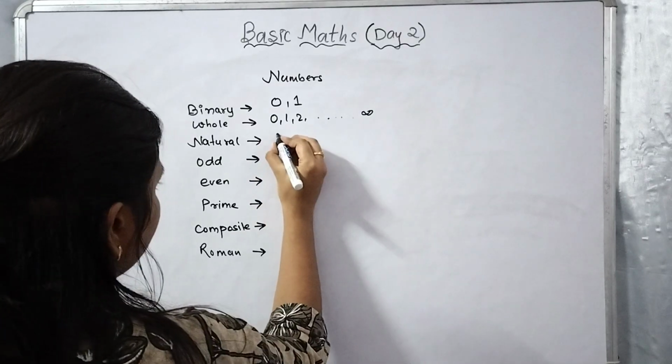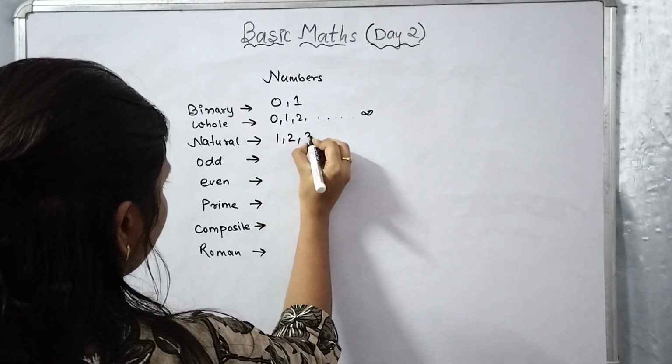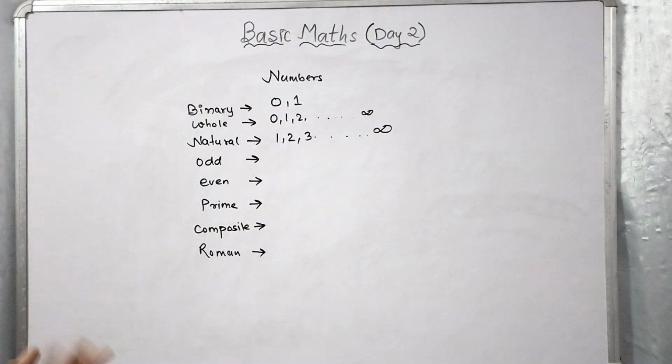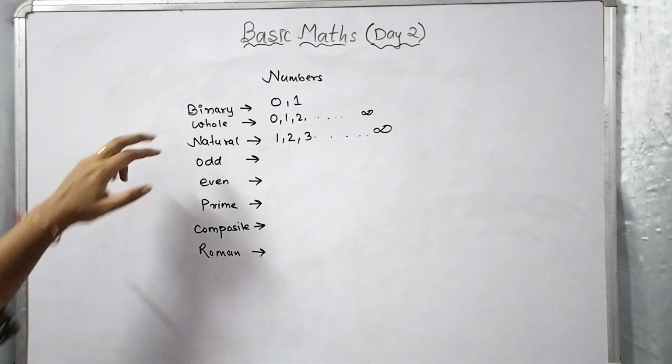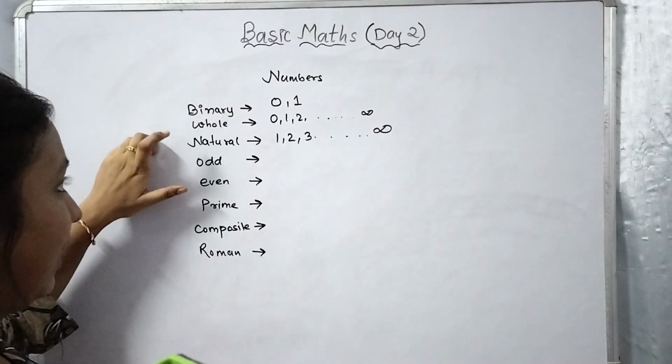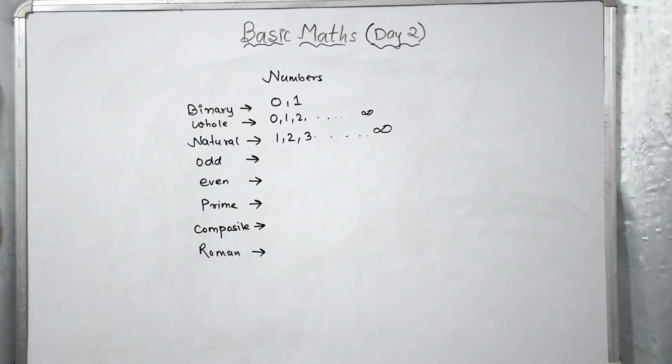Natural number is a number that starts from 1, 2 and continues till infinity. What is the difference between whole and natural number? Whole number starts from 0 and natural number starts from 1. This is the only difference between whole number and natural number.